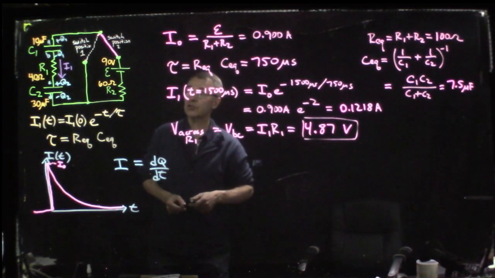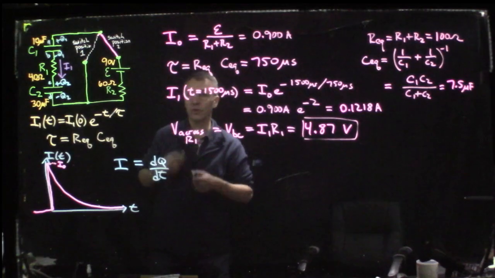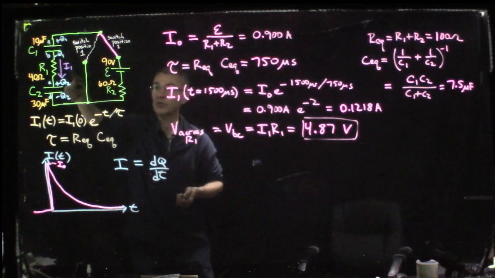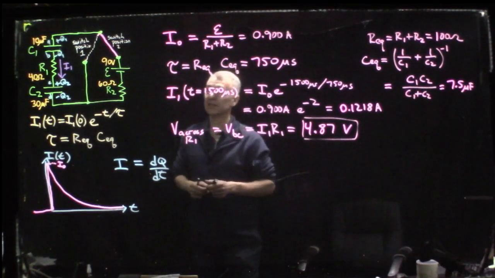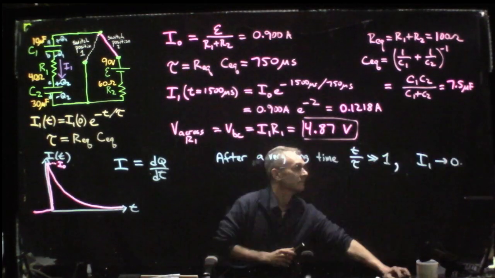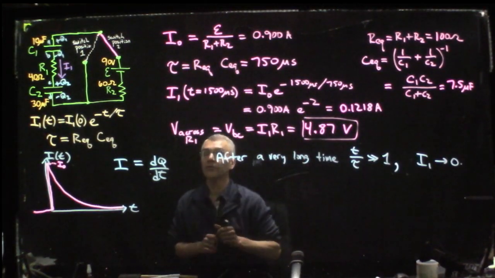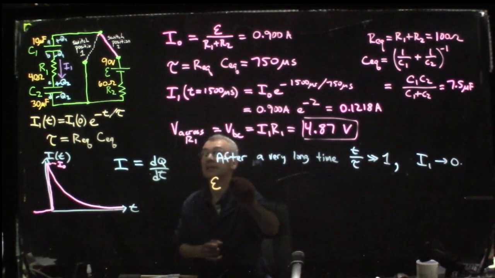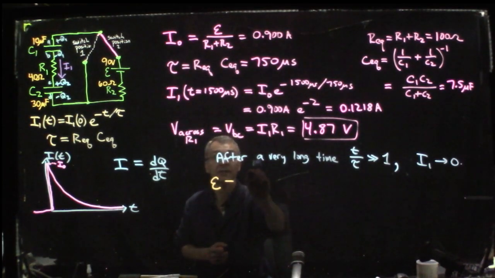So then the trick to solving this what happens after a very long time question is to notice that then I1 is zero after a very long time. So then we could write the loop rule and say, well, the battery EMF minus the voltage across capacitor 1, which is Q1 divided by C1.